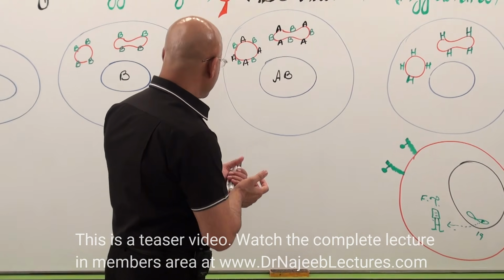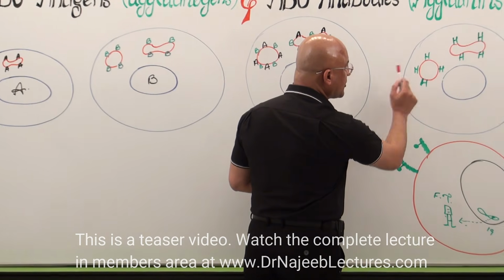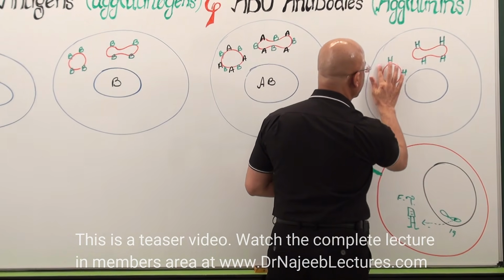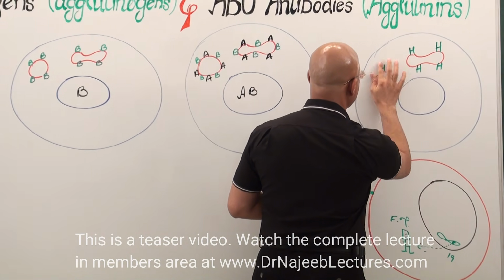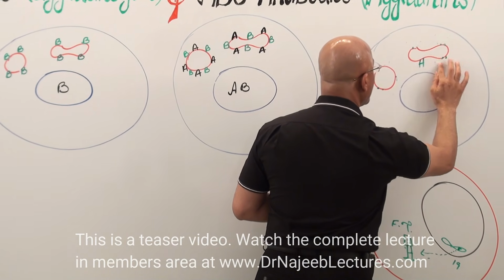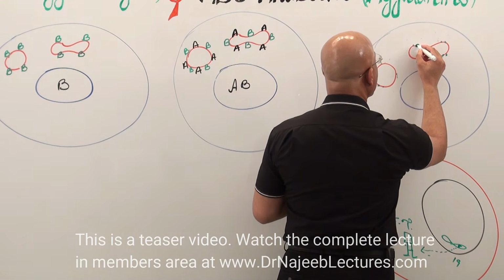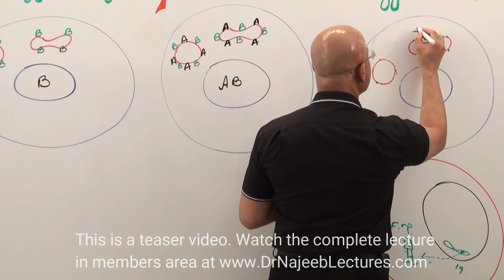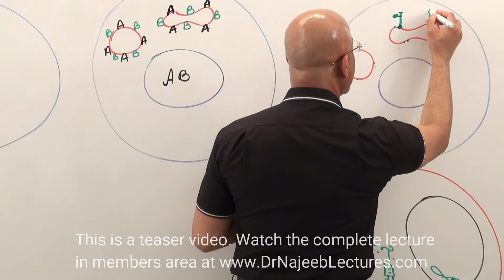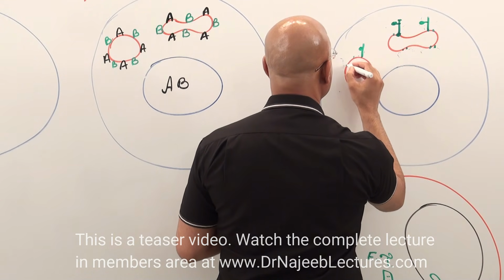So I can say that here there are H substances. Now you understand what H substance is. We can call it H antigen also. Is that right? That's right. Now I can make it like that. This is H and H, right? Yes. Okay.